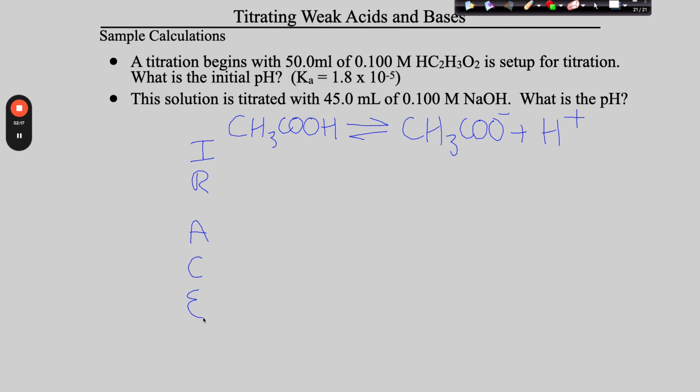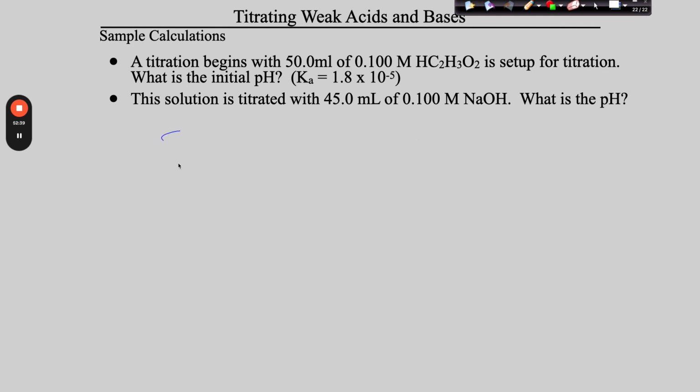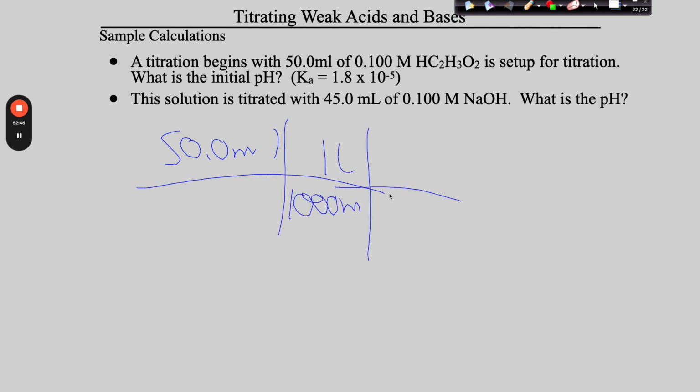So, guys, I'm going to ask you to do some legwork for me. In the I-race box, we need to know our initial moles or molarity? Moles, because this is butt kicking, right? This ain't equilibrium. So we need to know how many moles of acetic acid we've got. Can you picture the math? It goes 50 milliliters, 1,000 milliliters is a liter, 1 liter is 0.1 moles.